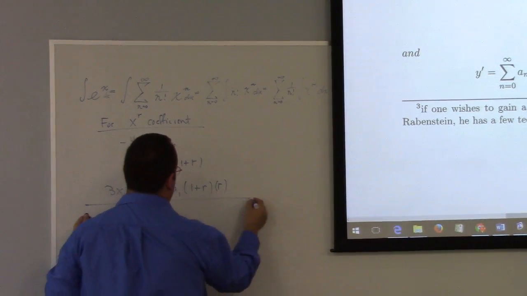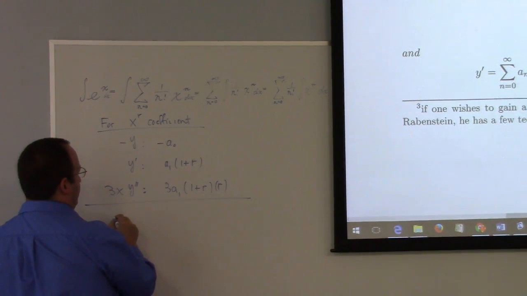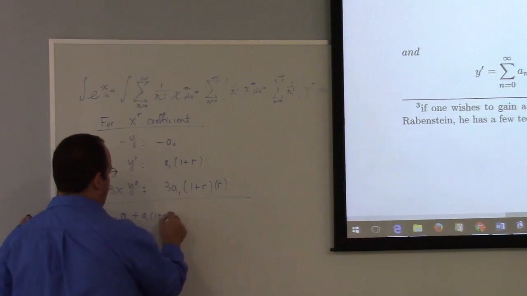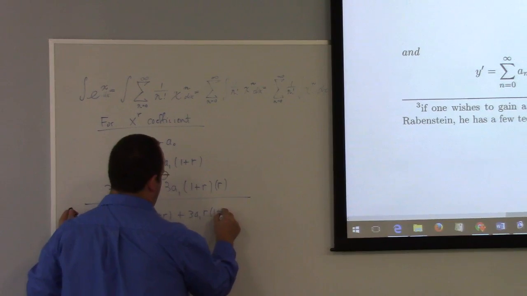Okay, so all of these together give us what we got here: minus a naught plus a1 times 1 plus r plus 3a1 r times 1 plus r.